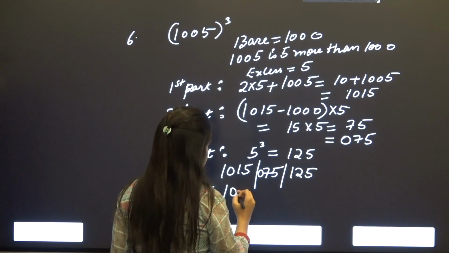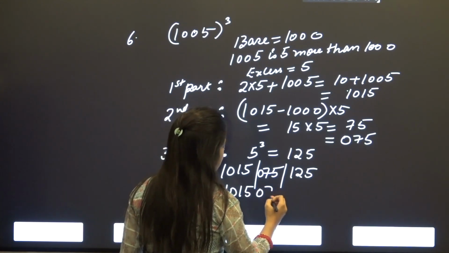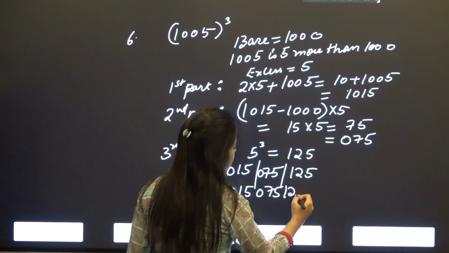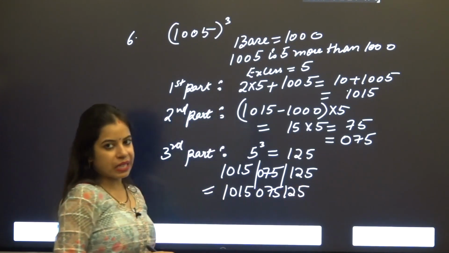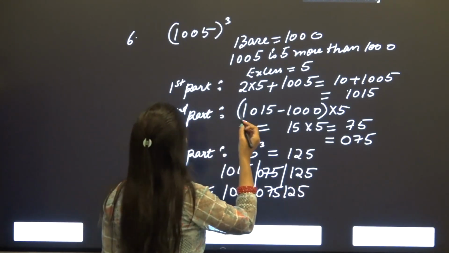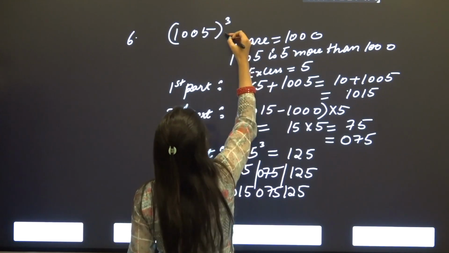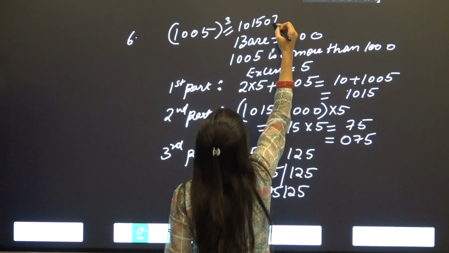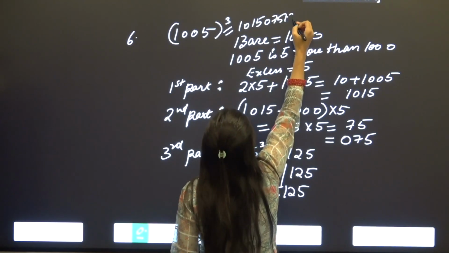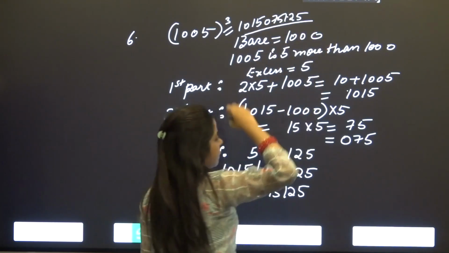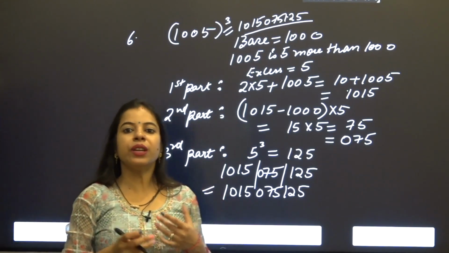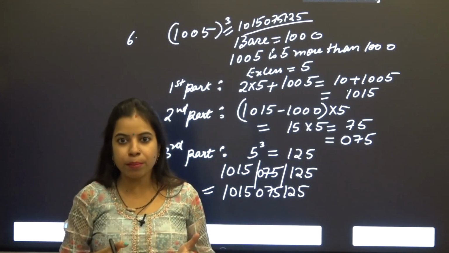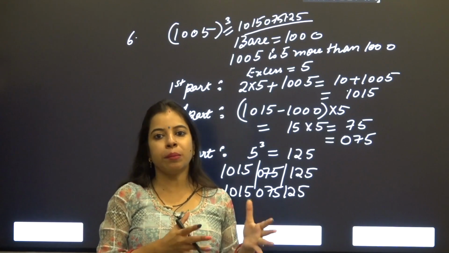So, the final answer is 1015075125, because this does not require any balancing. So, the cube of 1005 is 1015075125.